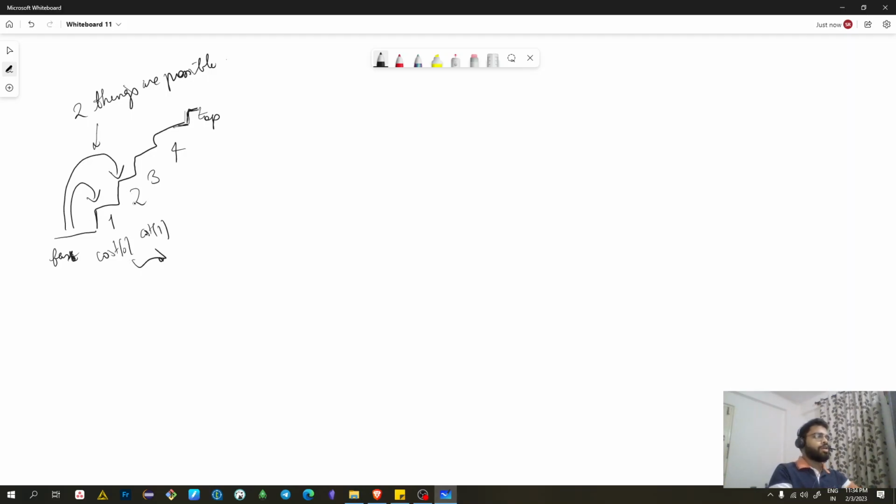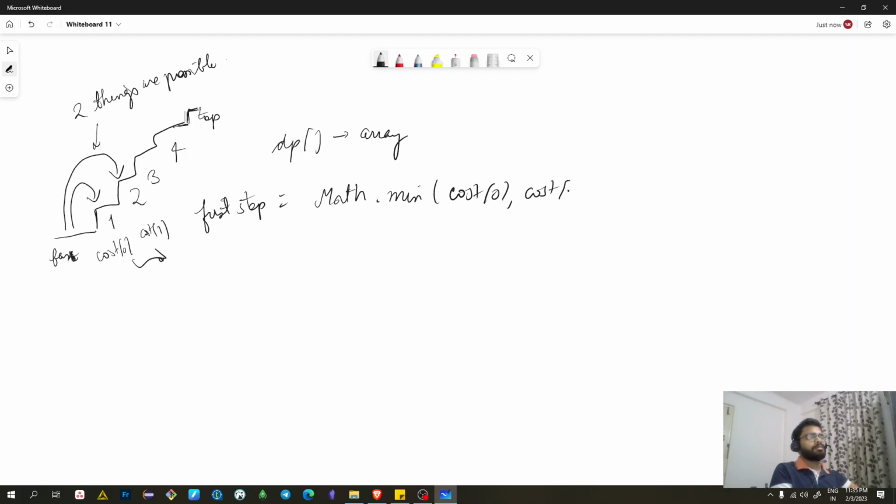So what we can know, at least up till what we have read of the problem statement, is that this will be our solution, DP array. What we know is the first step would be the minimum value between cost 0 and cost 1 for sure.